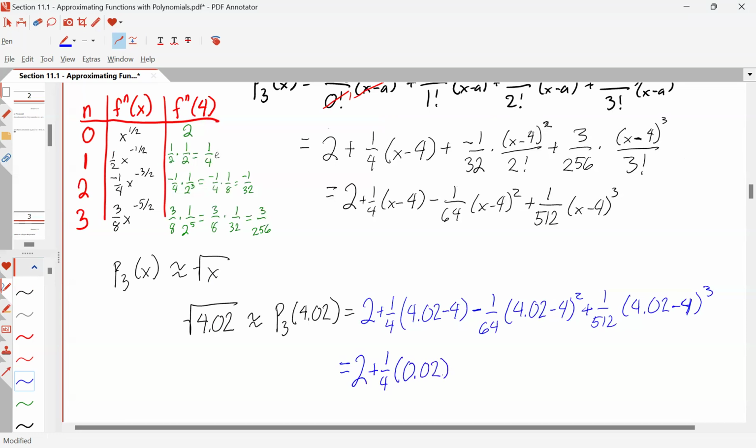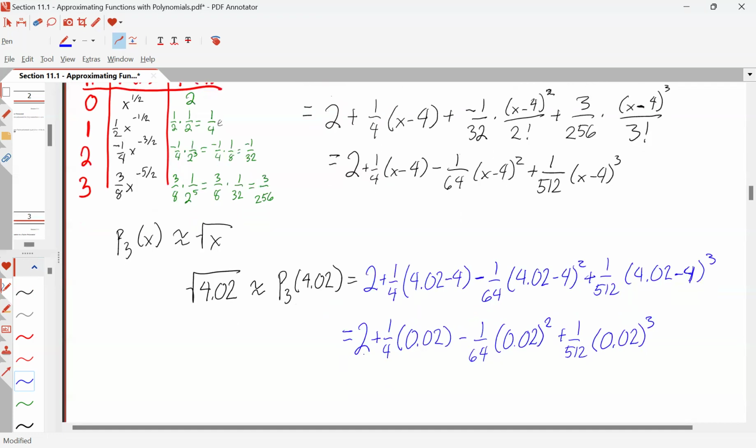So 2 plus 1/4 of 0.02, minus 1/64 of 0.02 squared, plus 1/512 of 0.02 cubed. This here is approximately the square root of 4.02.